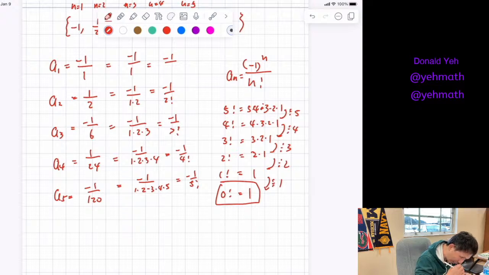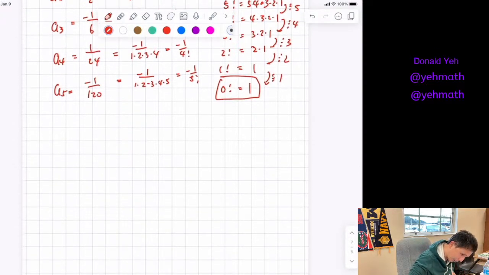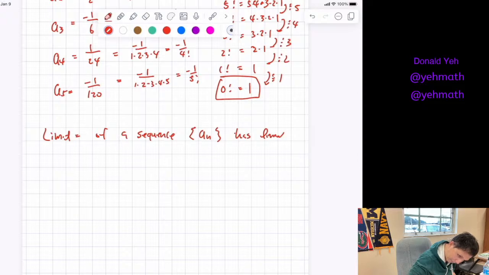Okay, so they are also recursive, like we're going to talk about tomorrow. Recursive is something that happens like this. So we're going to start with limits. Limit of a sequence. a_n has a limit: the limit as n approaches infinity of a_n.